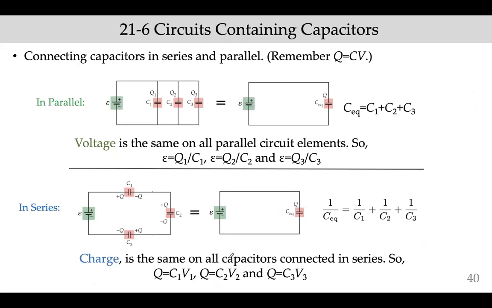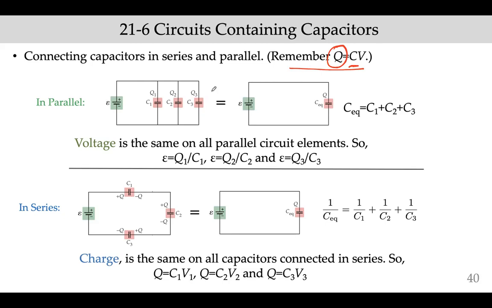Okay, now let's move to capacitors. Now we connected resistors in parallel and in series. Now we will do the same with the capacitors. If you remember from chapter 20, the amount of charge on the capacitor would be equal to capacitance, which is a value of the capacitor.